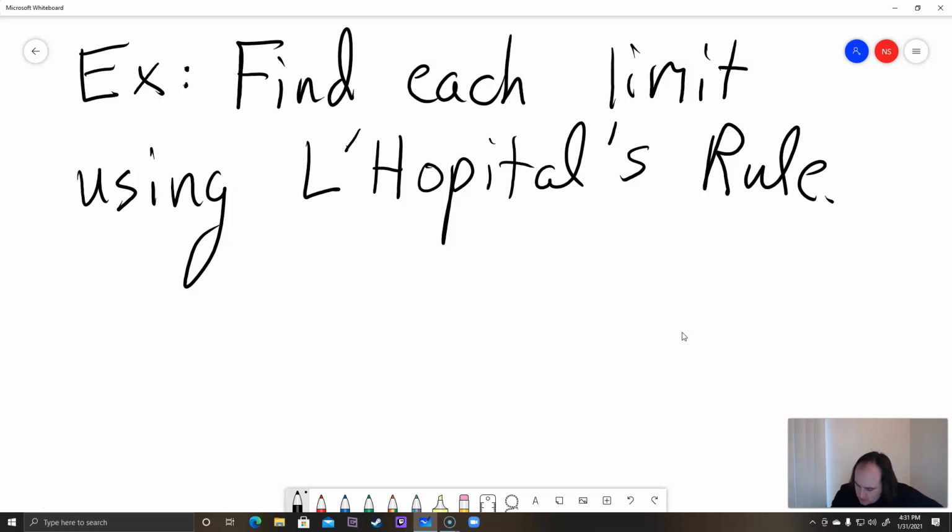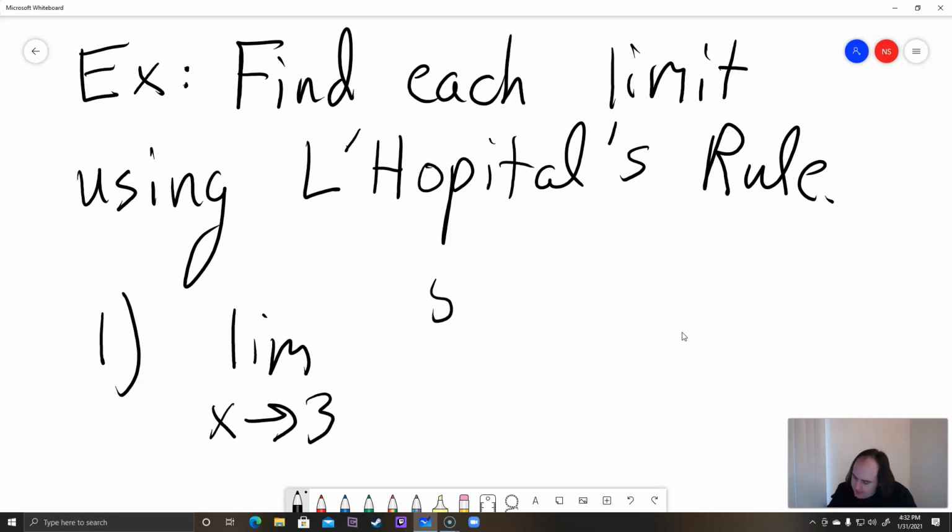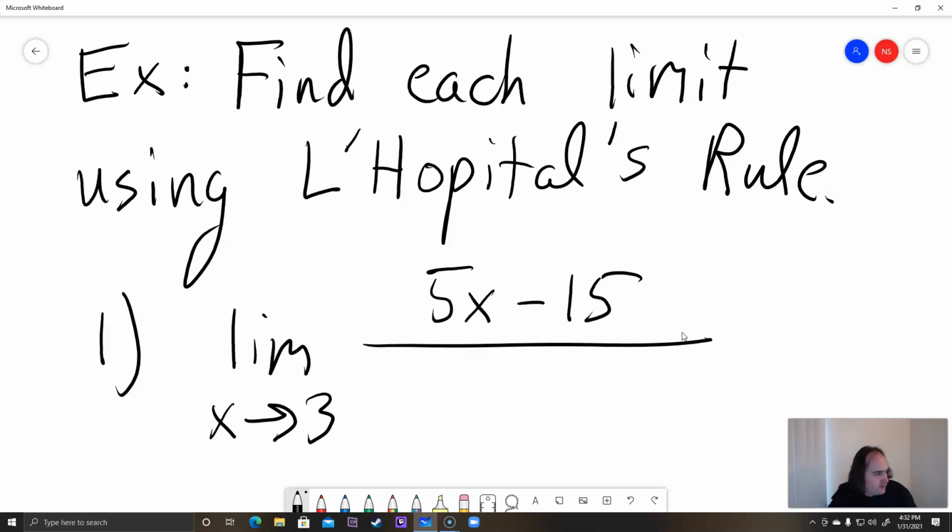for the first one, we're going to start with a relatively easy problem. Okay, so number 1, we want to find the limit as x approaches 3 of 5x minus 15 all over 2x squared minus 18.